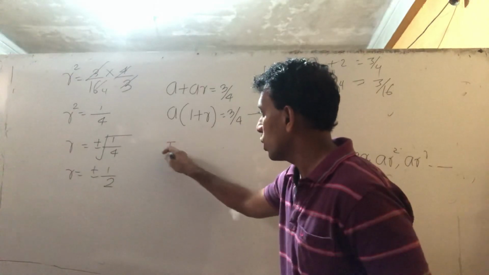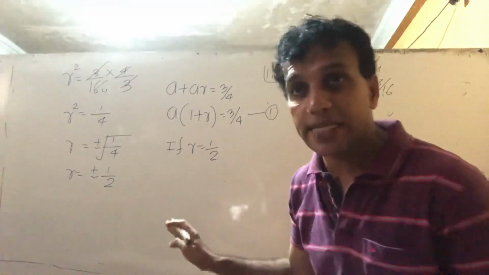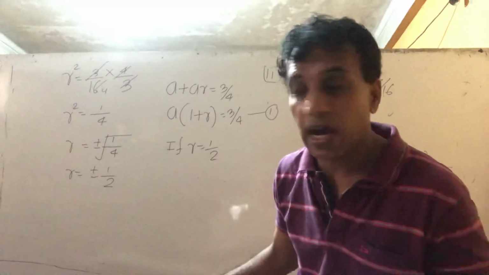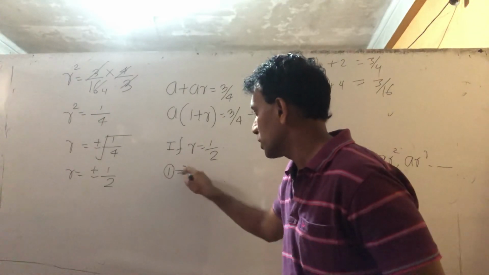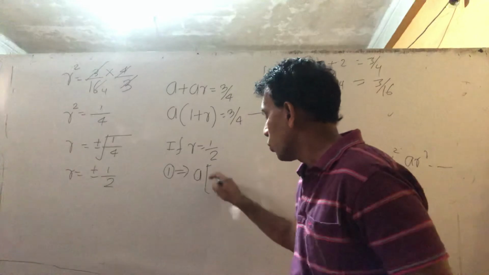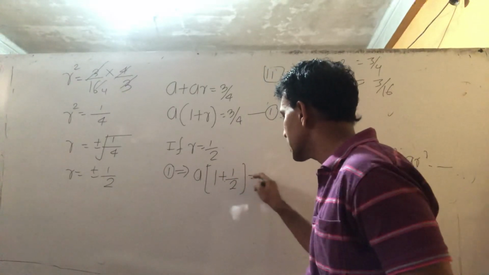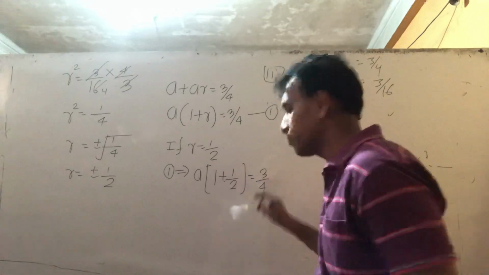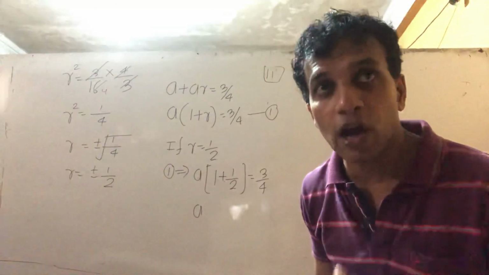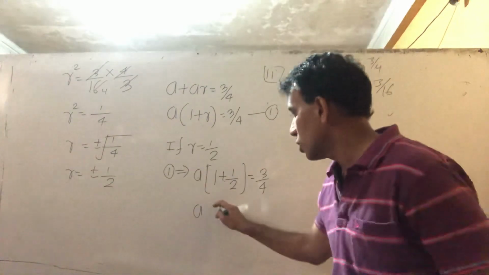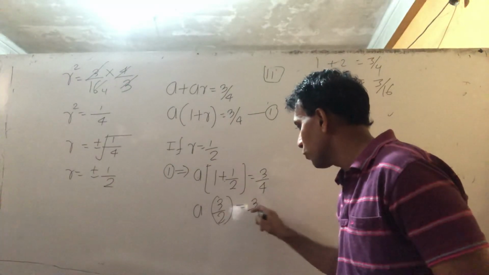If R equals plus half, see what happens to the answer A. From the first equation, A into 1 plus half equals 3 over 4. So what is 1 plus 1 and a half? Can I write 3 over 2? 1 and a half is 3 over 2. This is 3 over 4.